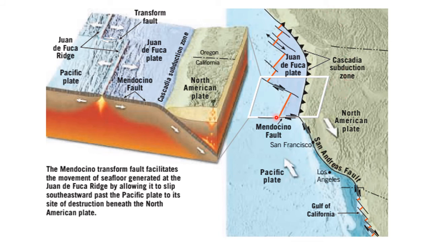And here this movement is facilitated by yet another fault, which is the Mendocino transform fault. So we have the occurrence of a number of earthquakes because of the movement of these two plates along Los Angeles, San Francisco, etc.